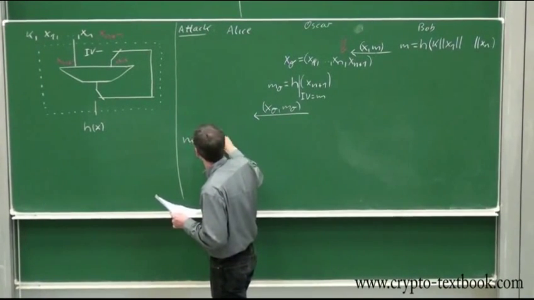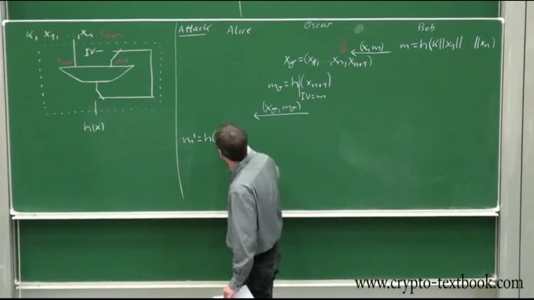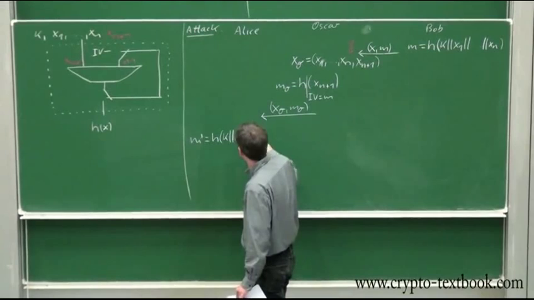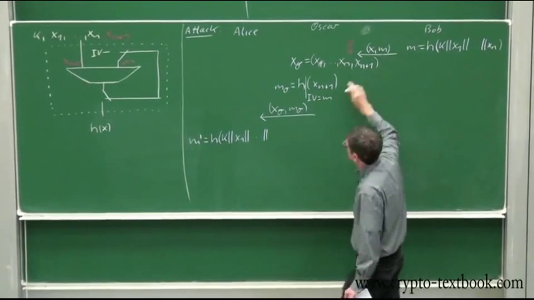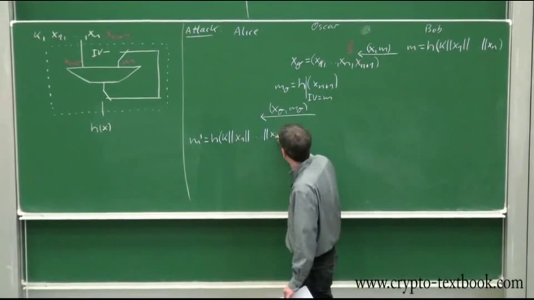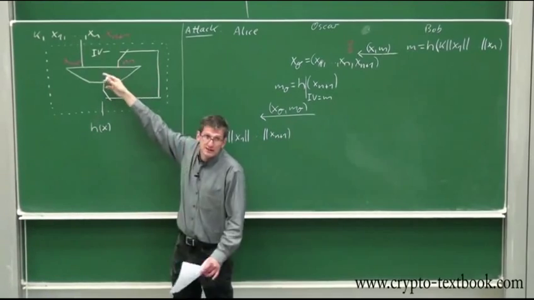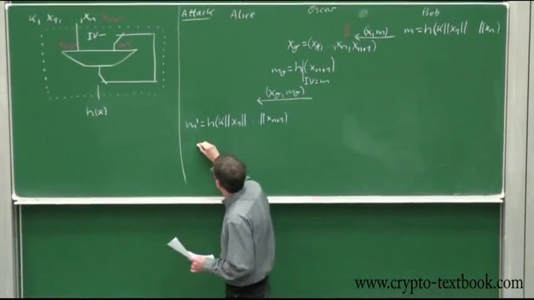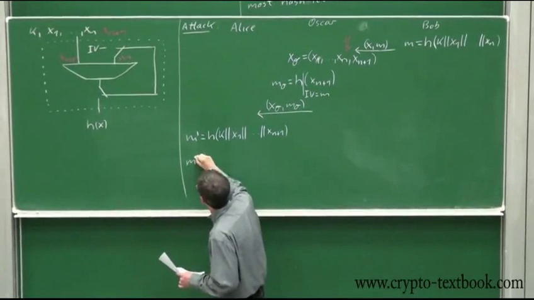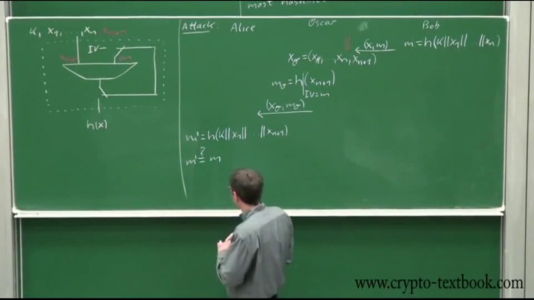So Alice computes M prime, and what does she do? Well, she uses this approach, the prefix, that means first the key, then x1, and the last thing she hashes is xn plus 1, which is exactly what Oscar did. And now she checks, is M prime really equal to M?